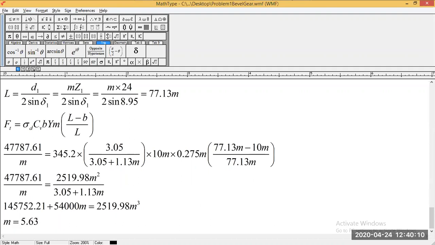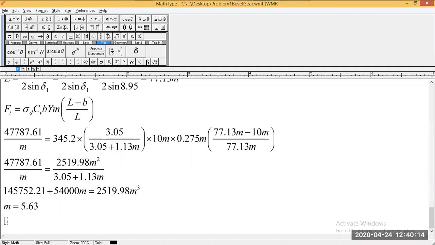Okay, you can check if you got this answer and let me know. So that means I can approximate it to 6. A module I found. Right. So step 2 is done. The objective is to find the module. So we have found the module. Module M is 6. Right.